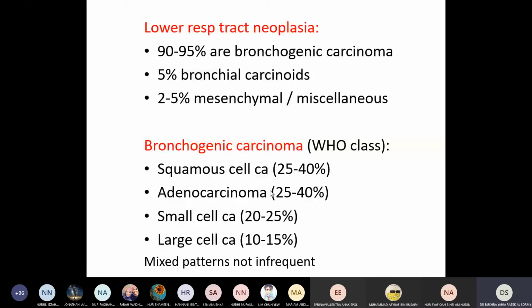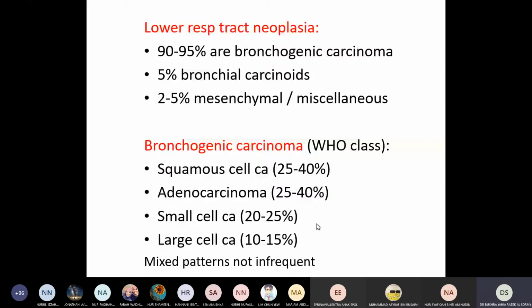Adenocarcinoma is in the same category, 25 to 40%. The others are small cell carcinoma, 20 to 25%, and large cell, 10 to 15%. Mixed pattern is not infrequent.